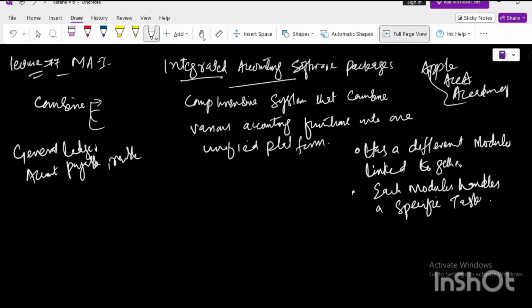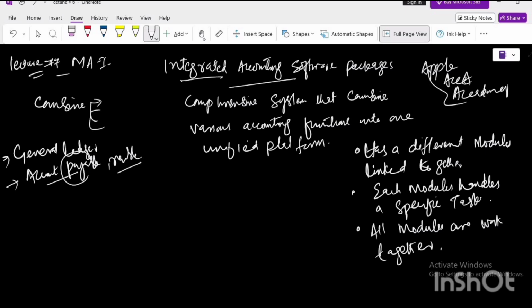By this we mean that general ledger has its own function. The account payable is working for the payables, account receivable working for the receivable. So each and every module handles their specific task, their specific job. Clear? And all modules work together. And the third one, if I say like that, all modules work together, and that is what we call integrated.